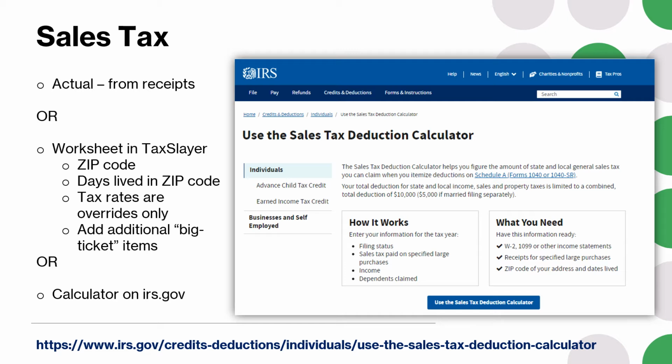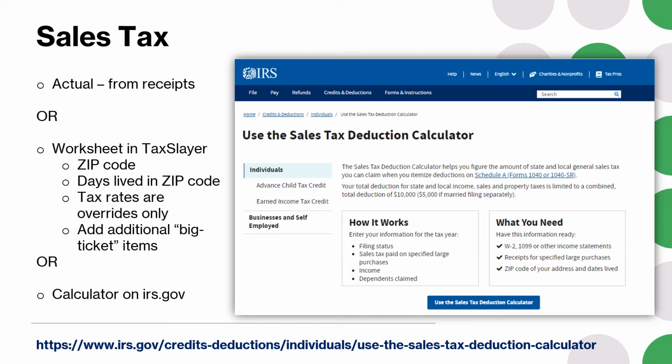So usually what we end up working with is there's a worksheet in TaxSlayer. When you go into the taxes section, it says state sales tax worksheet, and you click on it, and it asks for the taxpayer's zip code, how many days they lived in the zip code, and then there are a couple of fields for tax rates based on the state tax rate and the local tax rate.